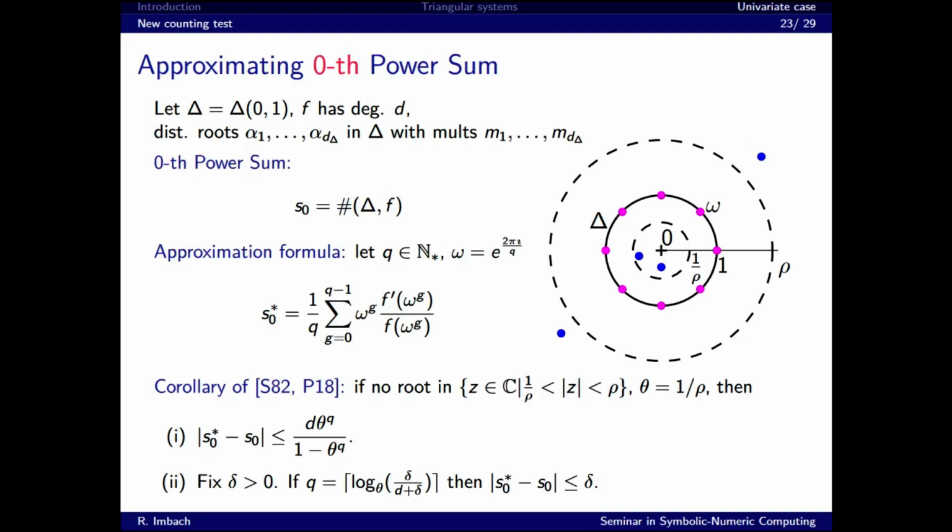And since S0 we want to approximate is an integer, it suffices to take delta less than, let's say, a quarter. So if this delta is less than a quarter, the disk of radius a quarter around S0 star will contain a unique integer, and this integer will be the number of roots.